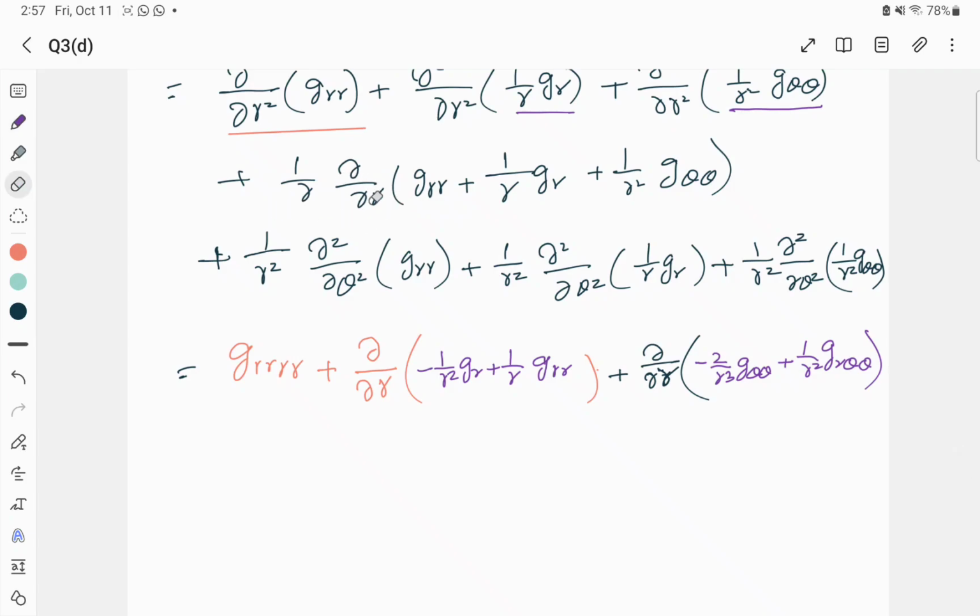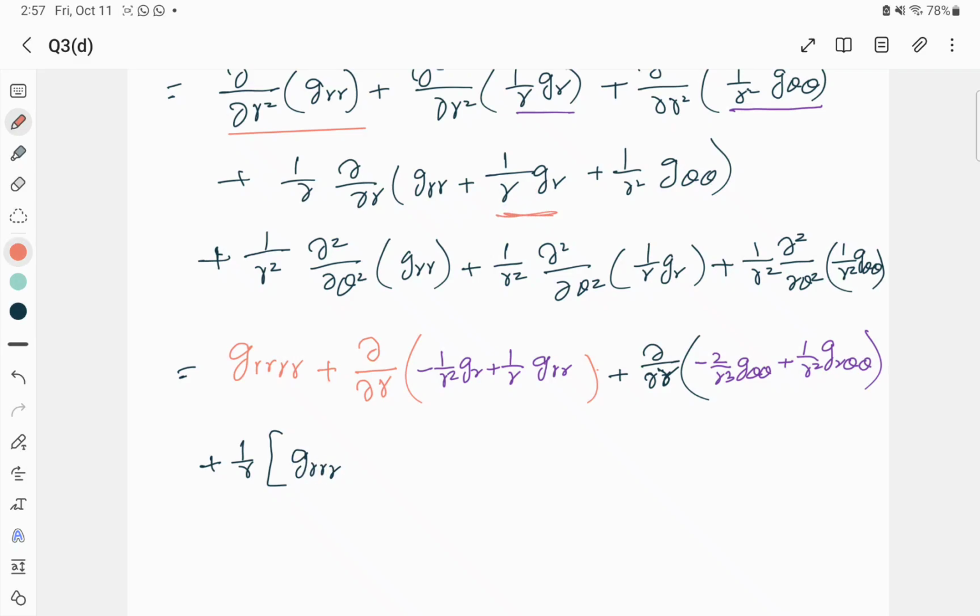Here, because this was a single derivative, I have just written it combined. So first the 1 over r will come outside, and this derivative will be applied on g_rr. There is already g_rr, so it will become the third derivative of g with respect to r.